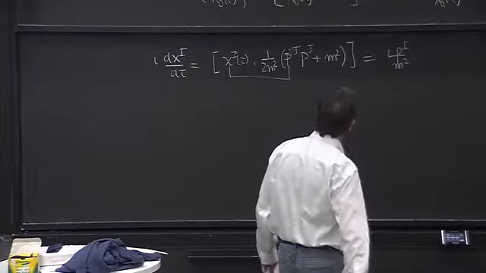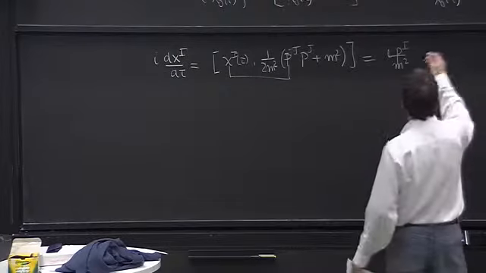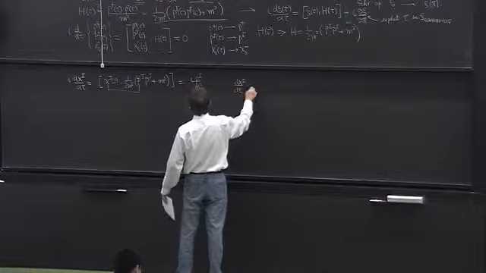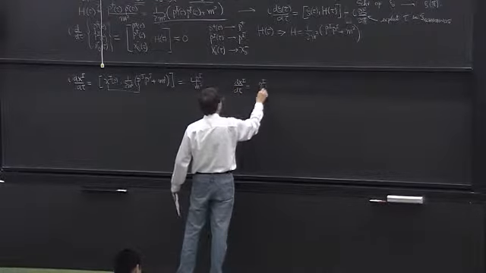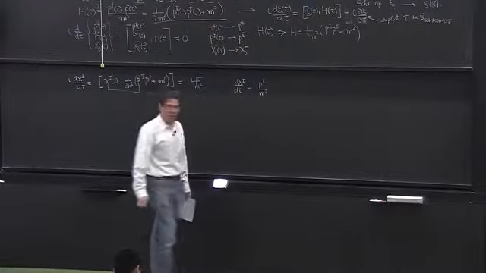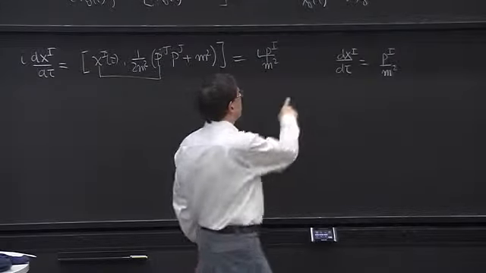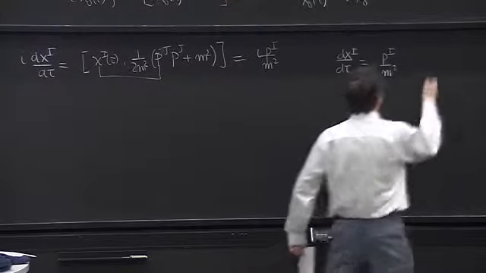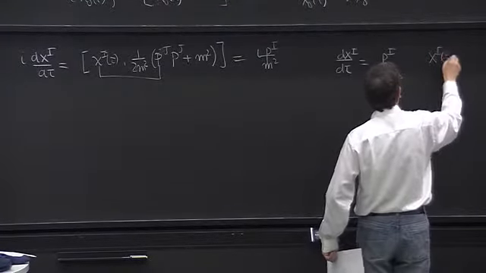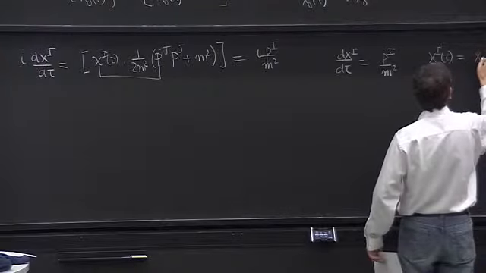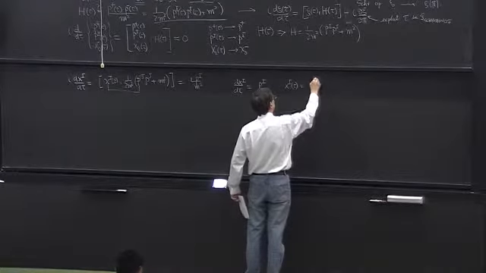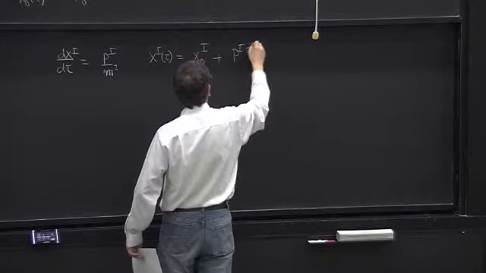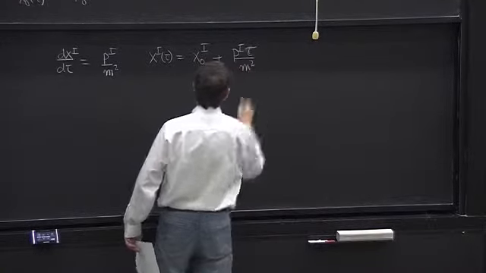And you should say, oh, that's exactly right, because that gives you dxi d tau is equal to pi over m squared. And that was a thing we had in the classical theory, that pi is the momentum associated with xi, and therefore xi of tau can be written as a constant x0 i plus pi tau over m squared.